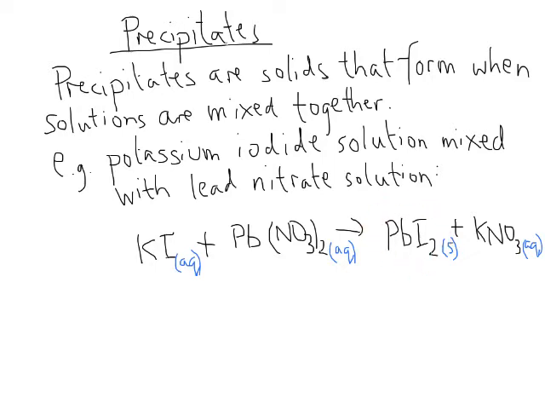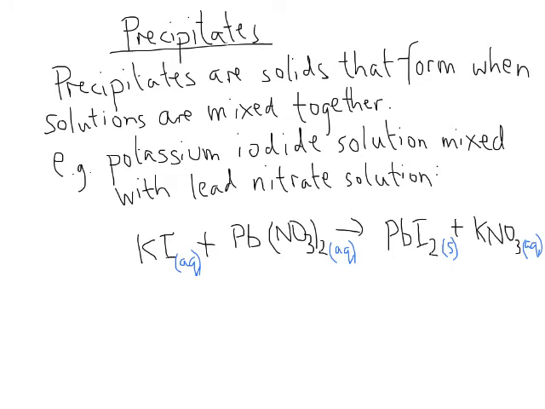Now, one of the other things I did want to talk about this week is balancing equations. If we're balancing equations, we've got to look at the number of ions on each side and check that they balance, or even more than the number of ions, the number of atoms on each side. So you can start to see here, I've got one potassium here and one potassium here. So that's balanced. I've got one lead, one lead.